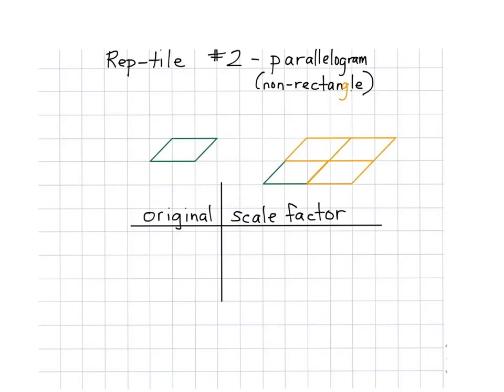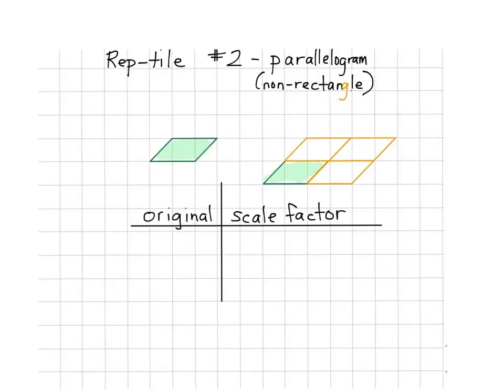Reptile number 2 is a parallelogram, specifically a non-rectangle parallelogram. You could see in the original, if I go ahead and shade the original green, so there's my 100%, and then here it is in the diagram.